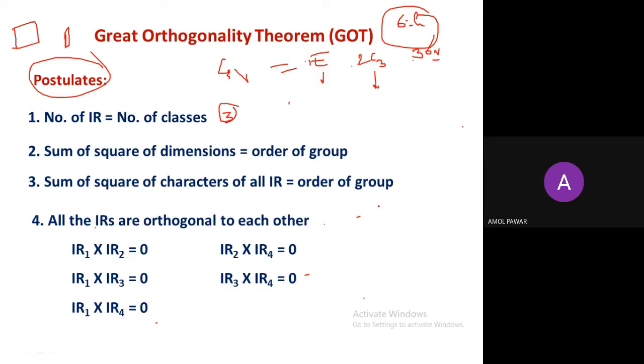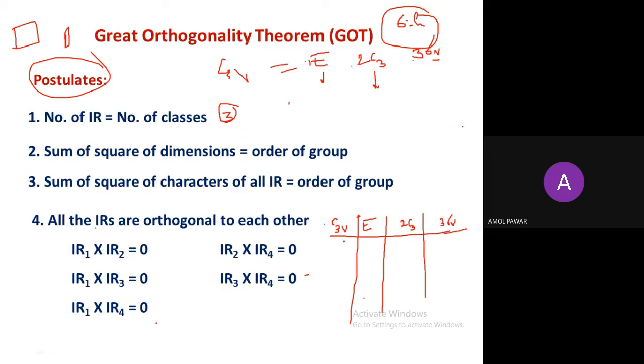Now how to construct the character table? First part is the point group C3V. Second part is the symmetry elements E, 2C3 and 3 sigma V. Now first rule is number of classes is equal to number of irreducible representations.